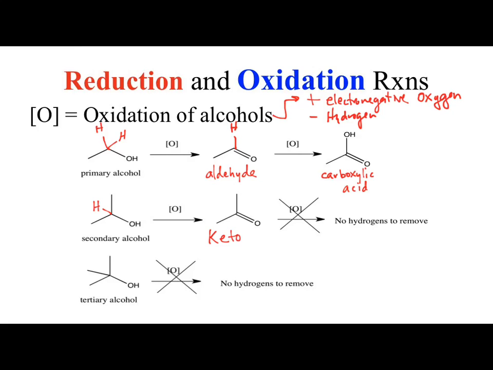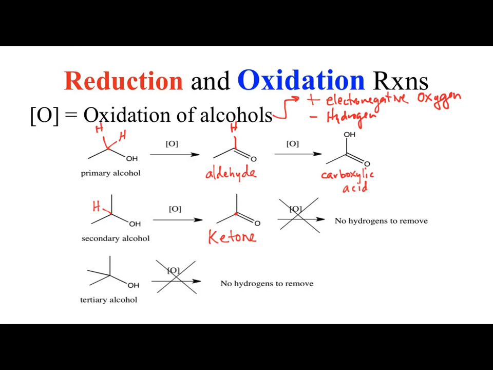Ketone. How many hydrogens are on that center carbon now? None. Which means if we don't have any hydrogens to remove, we can't oxidize any further.